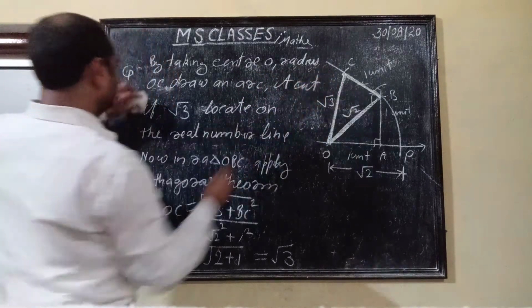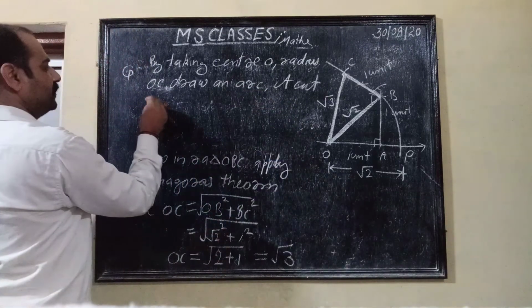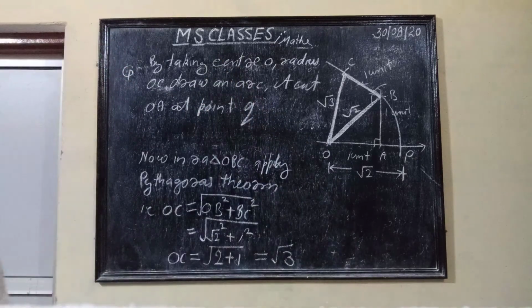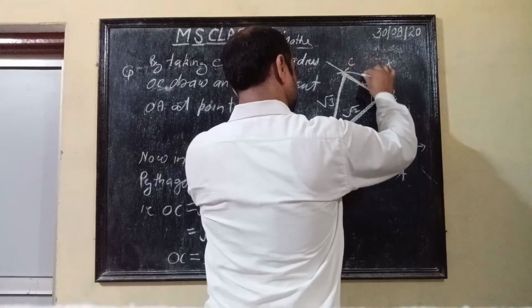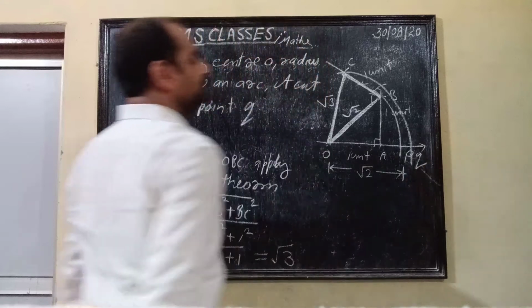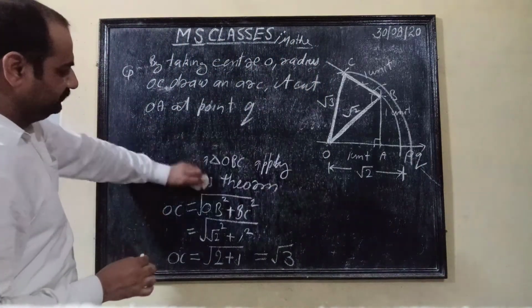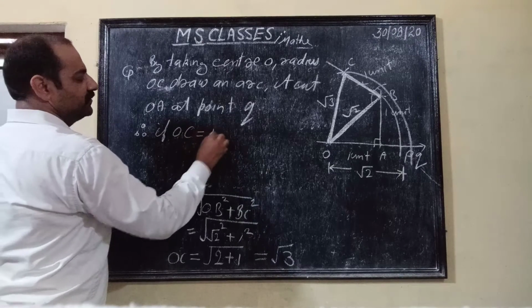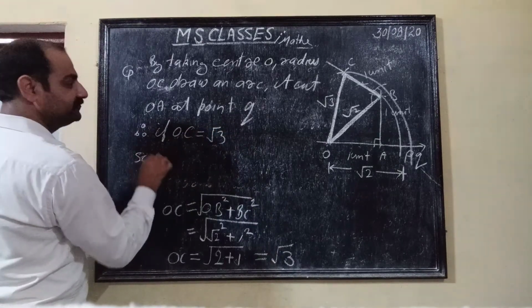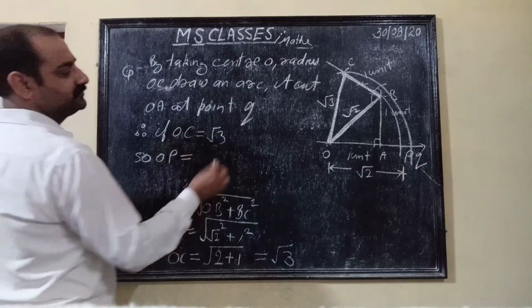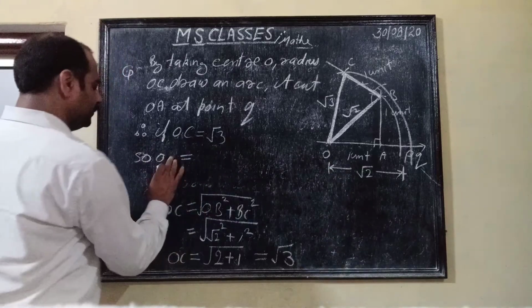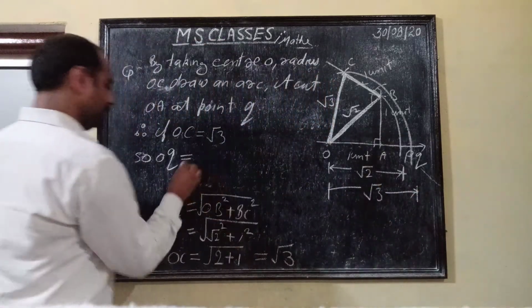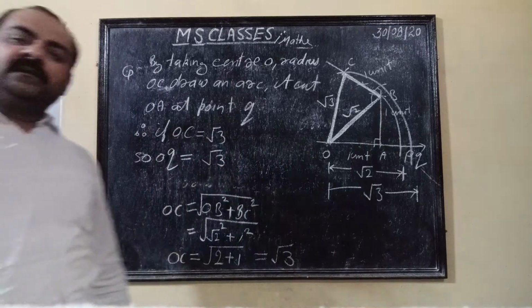It cuts OA at point Q. Therefore, if OC is equal to under root 3, then OQ is equal to under root 3, and so on.